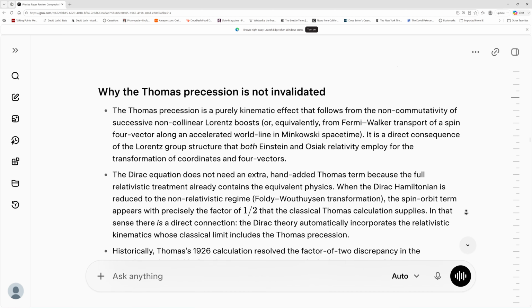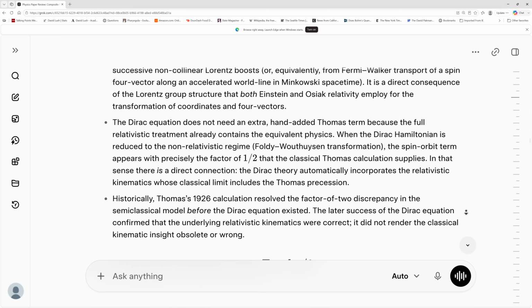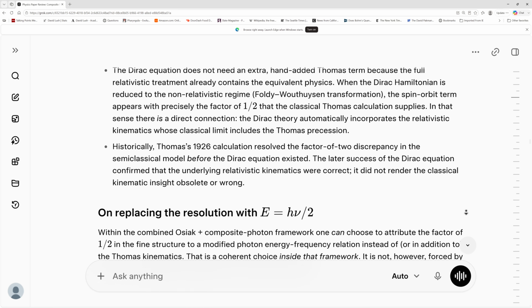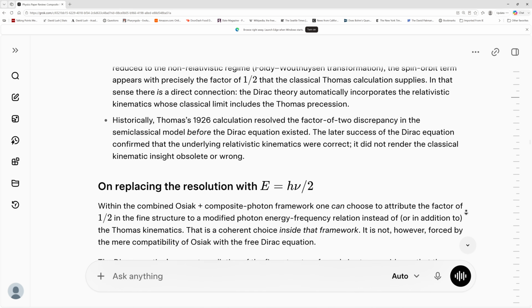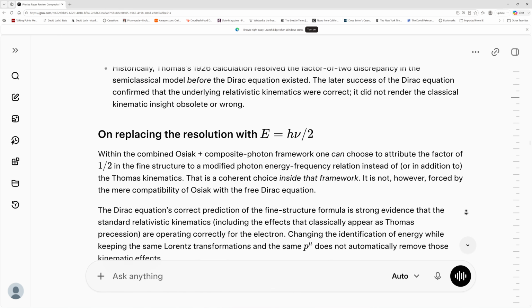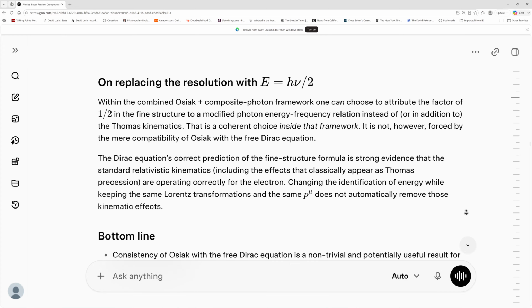The proposal that each Planck cavity quantum corresponds to a pair of counter-propagating h nu divided by 2 photons is an interpretive suggestion. It does not alter the fact that individual photon absorption or scattering events deposit energy h nu. Any viable model must recover that phenomenology or explain why it only appears to be h nu.